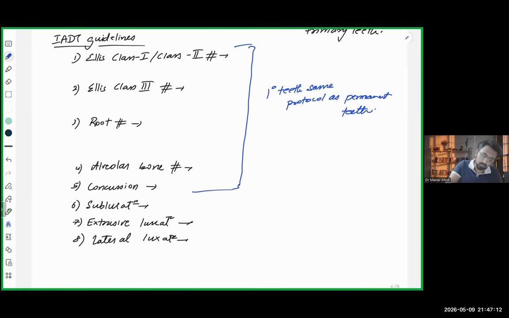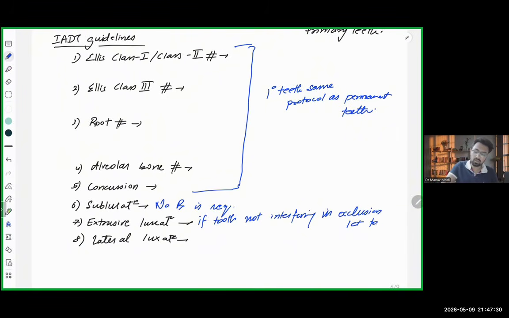Subluxation in a primary tooth, no treatment is required. Then for extrusive luxation, if the tooth is not interfering in occlusion, let the tooth reposition.